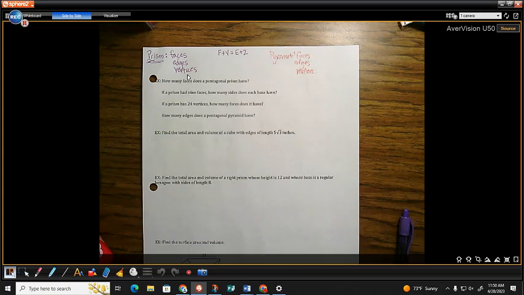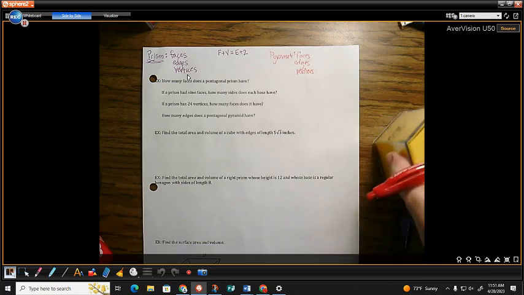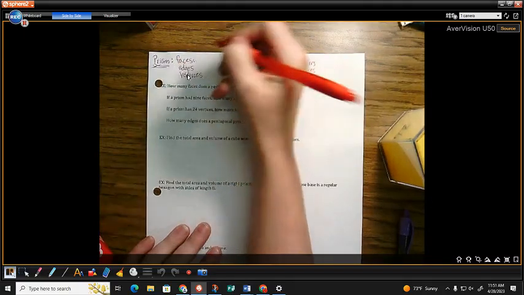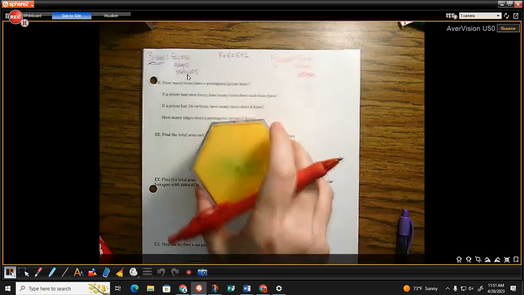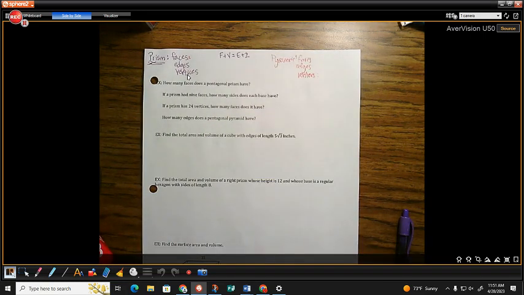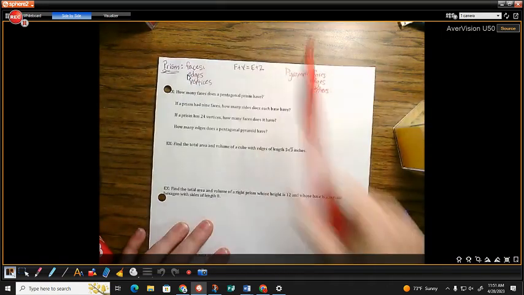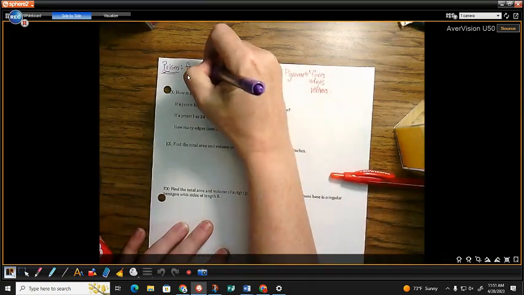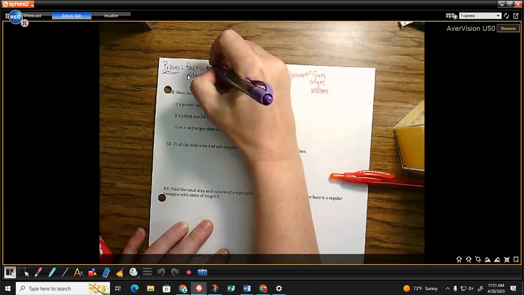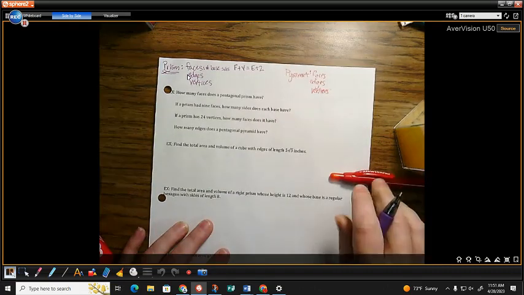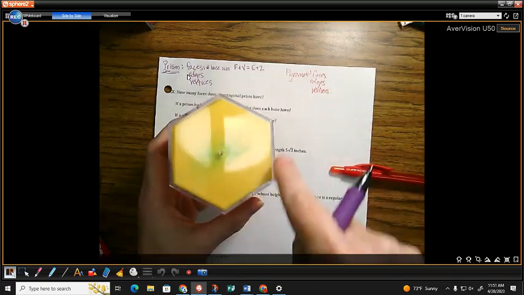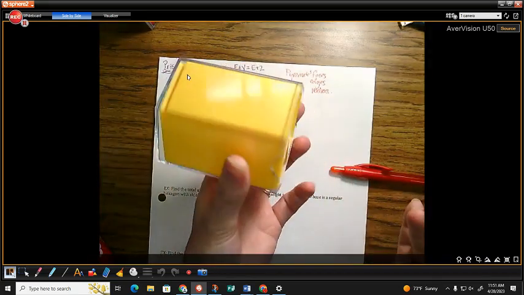If you know what shape your base is, do you know the number of sides it has? Yes. So this base is a hexagon. How many sides does my base have here? It has 6 sides. So if I know the number of base sides, can I figure out the number of faces on my prism?